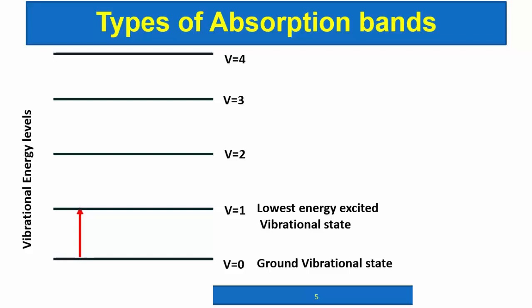That means when this transition occurs from the ground vibrational state to the lowest energy excited vibrational state, then the absorption band in IR spectrum because of this transition is known as fundamental absorption band.